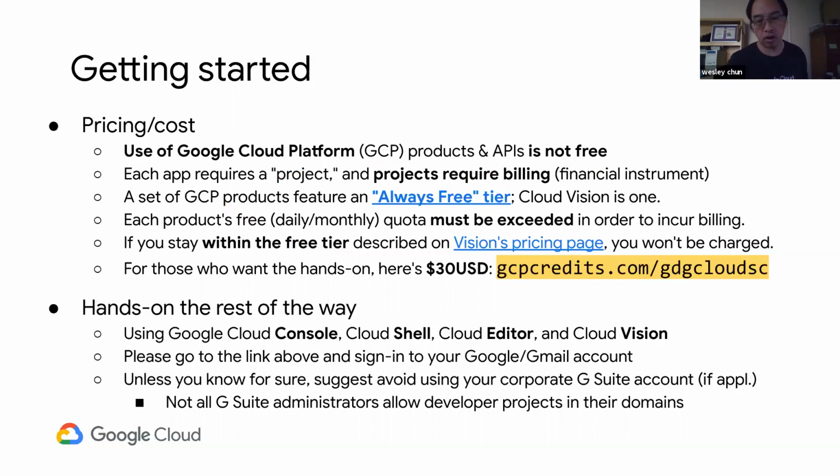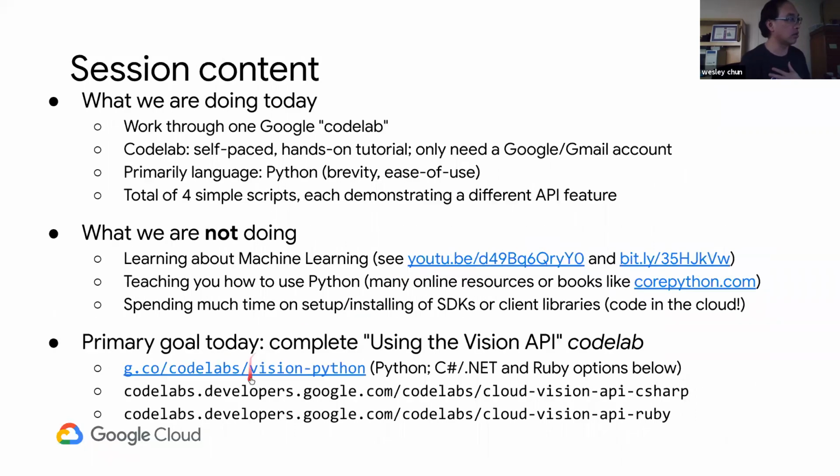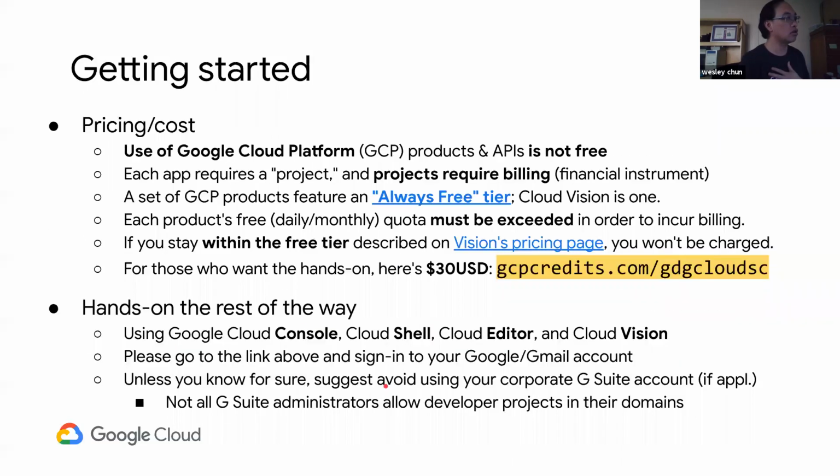Even if you give us your credit card, we're not going to charge you. For example, Compute Engine is our virtual machines, our VMs. You can actually get a small F1 micro VM, and it's completely free for an entire month. So that's one thing. We're going to be doing the code lab for the Cloud Vision API, and Cloud Vision also has a free tier as well.